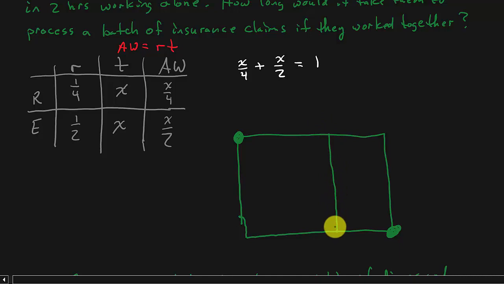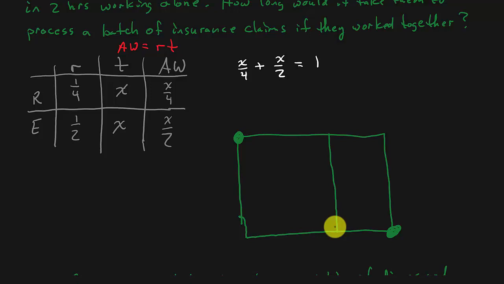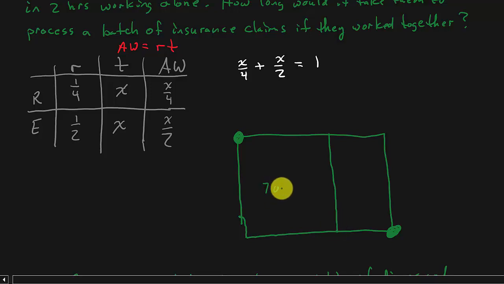So more than likely, I'm going to mow more of the yard than you are. So let's say that I mow 70% of the yard, then that means you'll mow what? 30% of the yard, right? And the 70% plus the 30% is equal to 100% of the job getting done, right?